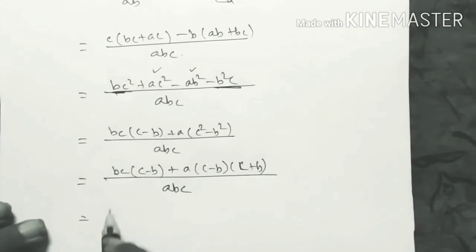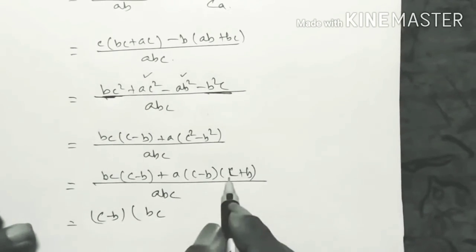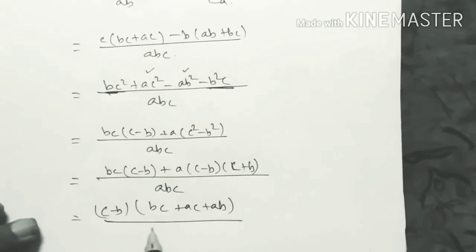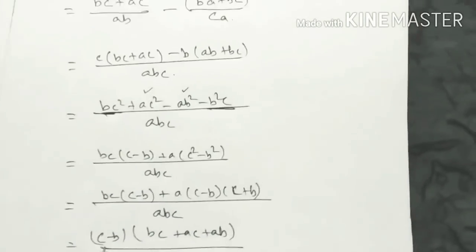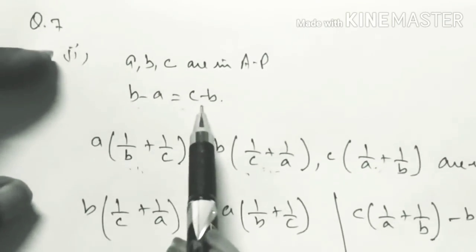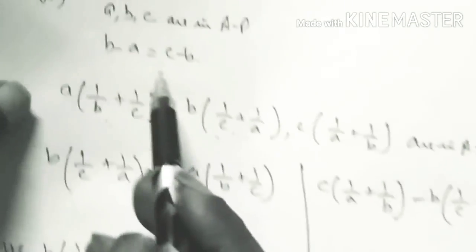Here the common is C minus B, so BC and here AC plus AB by ABC. Instead of C minus B, I can write A minus B. So this is equal to, instead of C minus B, I can write B minus A.